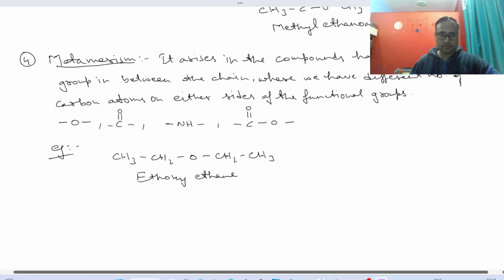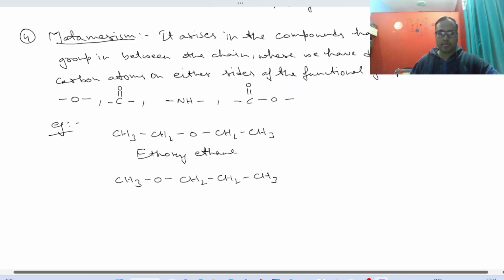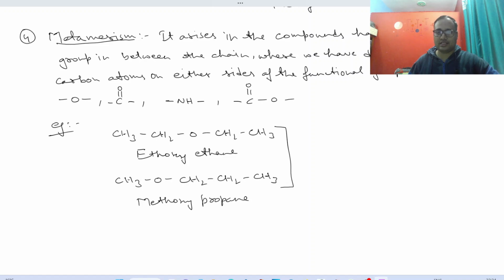The metamer of this molecule which we can draw is CH3 O CH2 CH2 CH3. This could be written as methoxypropane. So these two are metamers, and the isomerism shown by them is metamerism.